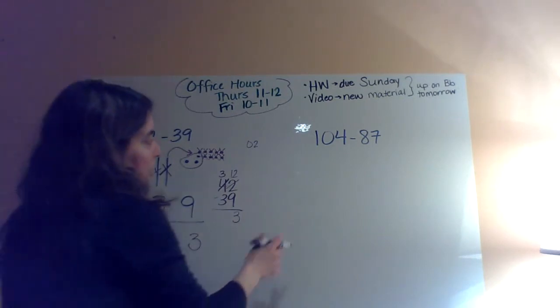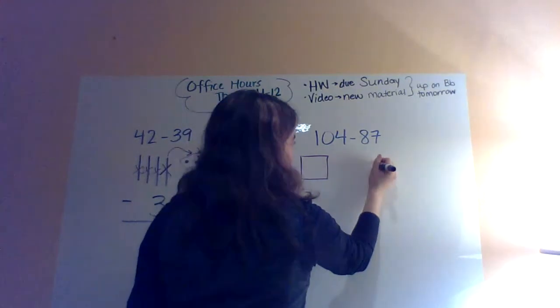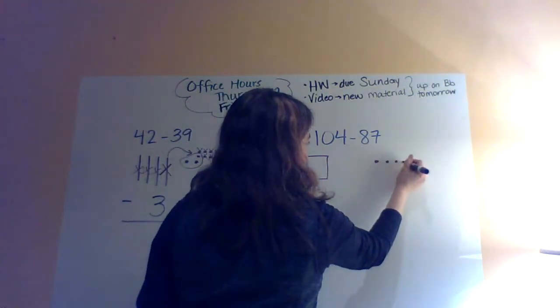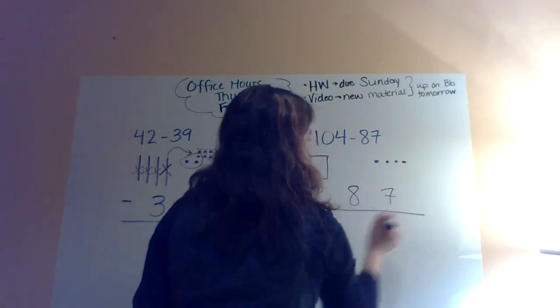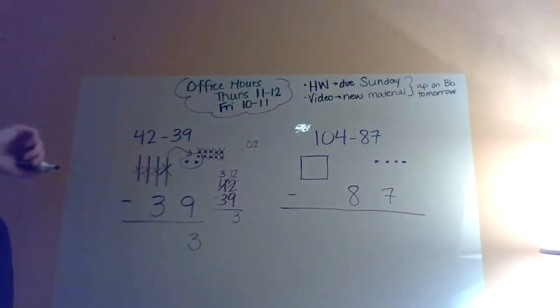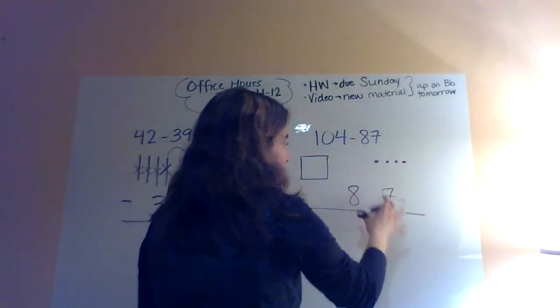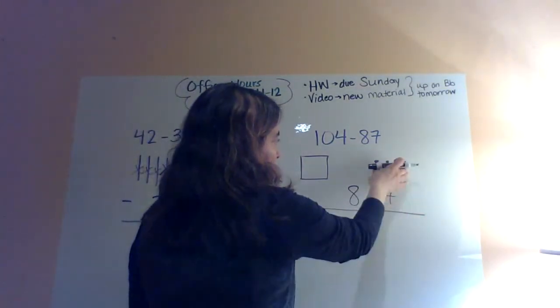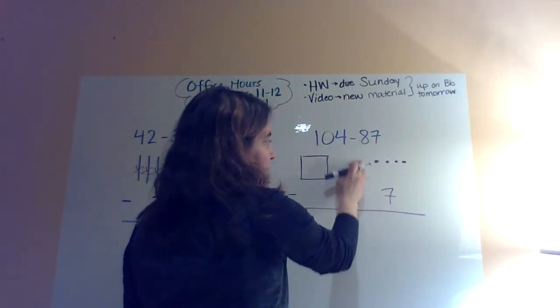If we came over here to 104, so this is going to be one of the flats, no rods, 4 units, and I want to take away 87. Again, I don't have enough over here in the ones, so I need more ones. Well, I look at the 10s, and I don't have any 10s here.